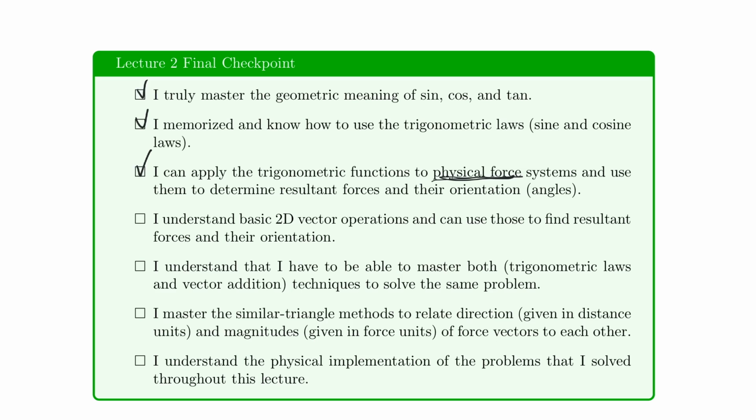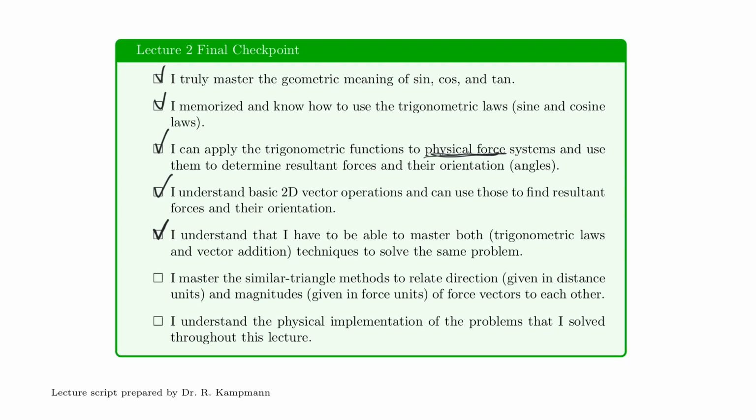Now, the basic 2D vector operations have been explained to me, so I think I can check that off as well. And then I want to, of course, be able to differentiate which technique is better for which problem. And this comes really a little bit more through different homework assignments and so on, and you have a chance to practice that, but I think I can check that off too, because we talked about in which case one is easier or better suited than the other.